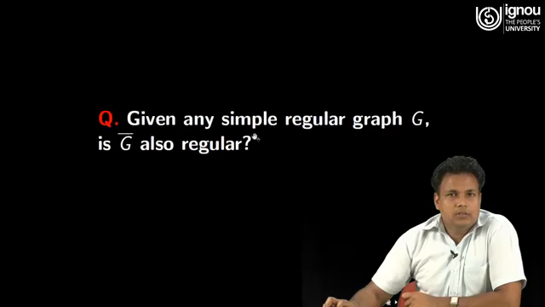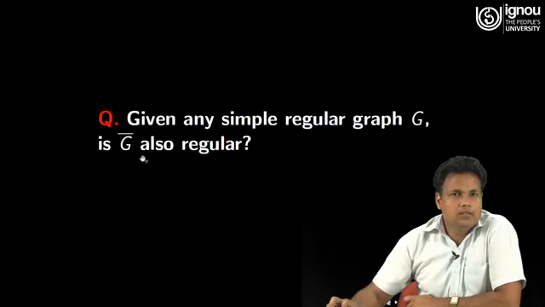So, suppose you just take any vertex in G which has degree k, then the degree of that vertex in G bar becomes n minus 1 minus k, and since that vertex is arbitrary, all the vertices of G bar also have the same degree, and hence G bar is regular.